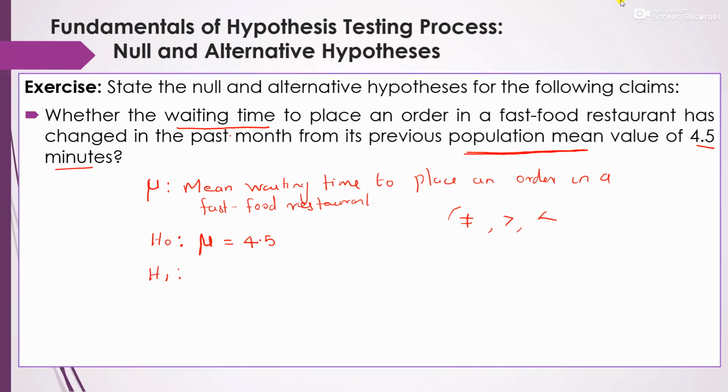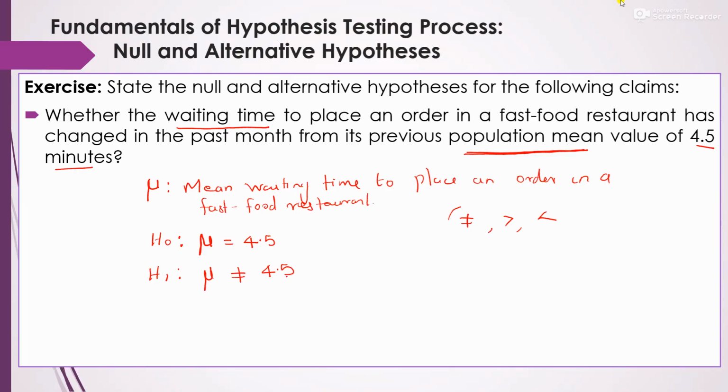Whether the waiting time to place an order in a fast food restaurant has changed. So we don't know whether it has increased or decreased. One of these things will happen. It may increase or it may decrease, but we don't have any solid idea. We only want to check whether it has changed or not. So mu not equal to 4.5.